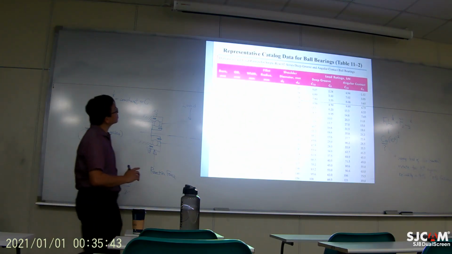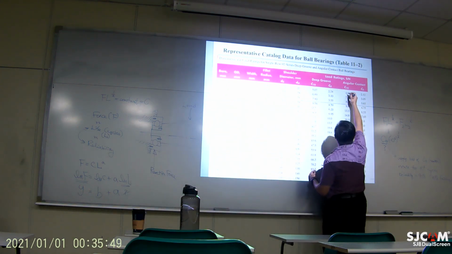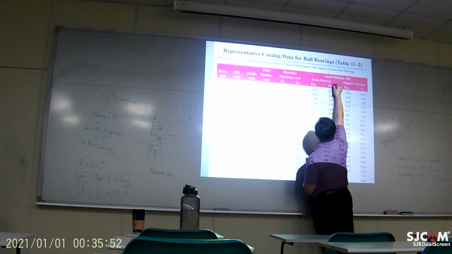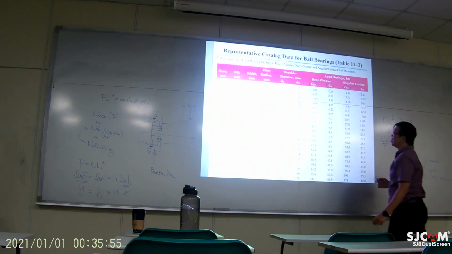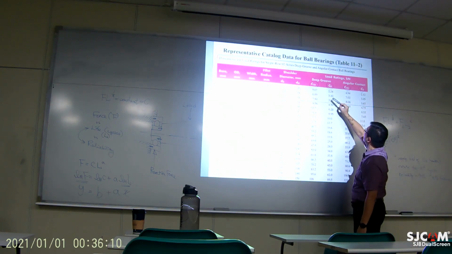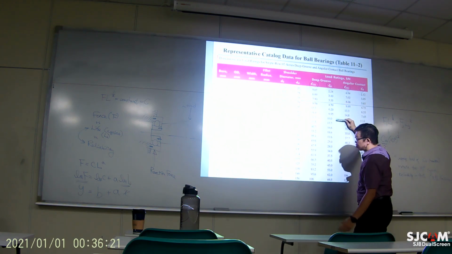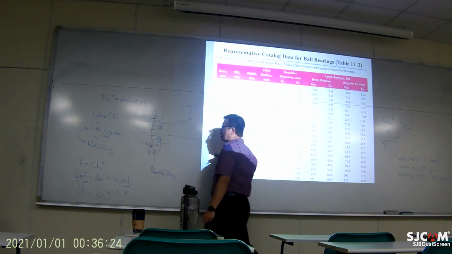The most important thing is C10, or even C0. C0 is like zero failure rate, so it's like 99.999% success. It depends on different kinds of housing, basically how you design the holder for the bearing.